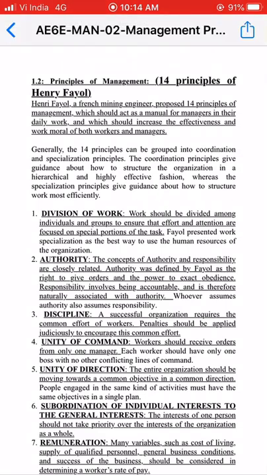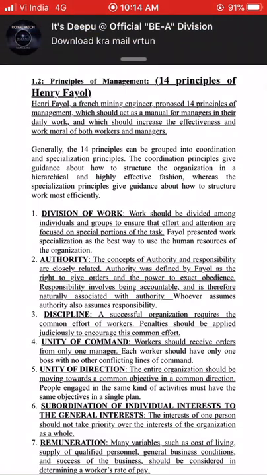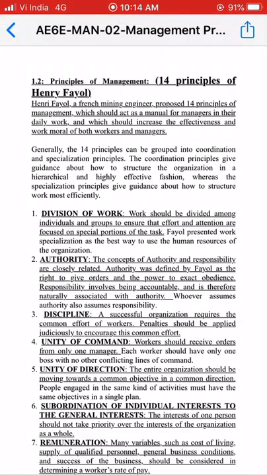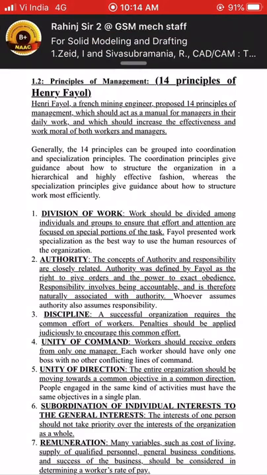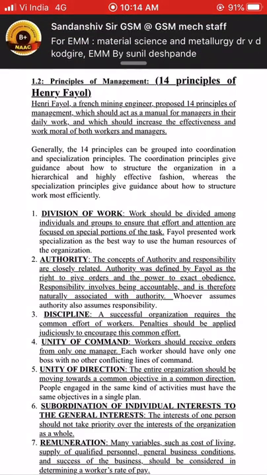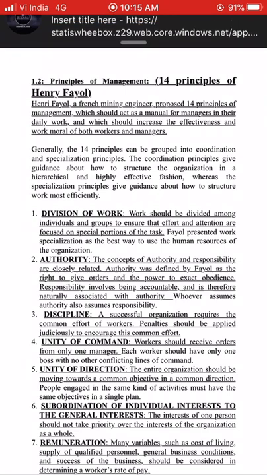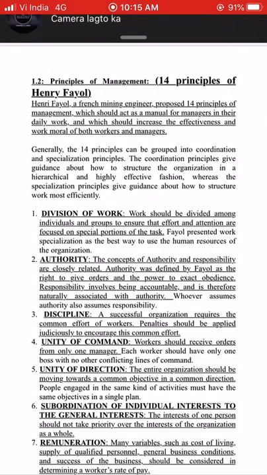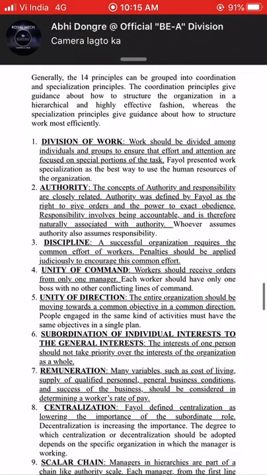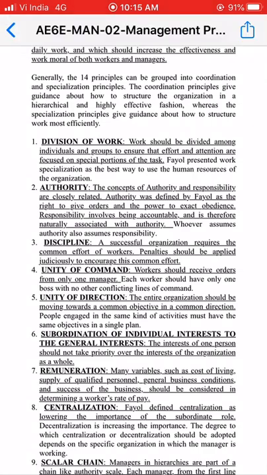By using these 14 principles it will increase the effectiveness and work morale for both workers and managers. So by using these 14 principles given by Henry Fayol, it will increase the effectiveness of workers as well as the managers.